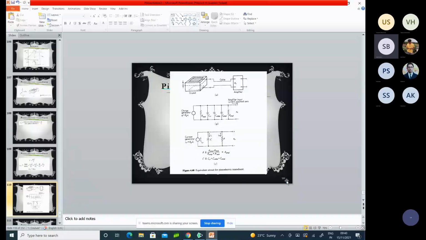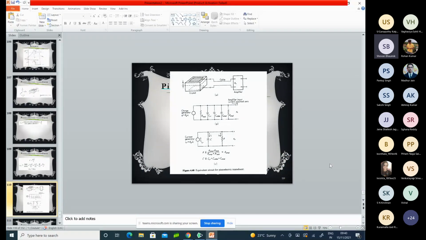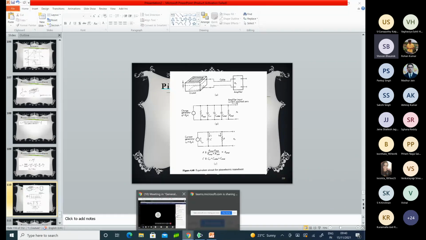It is slide number 1110. No, sir. There is some issue, poor internet connection or something. So wait, I'm changing my internet connection. I'm trying to use my hotspot. Then let's see.